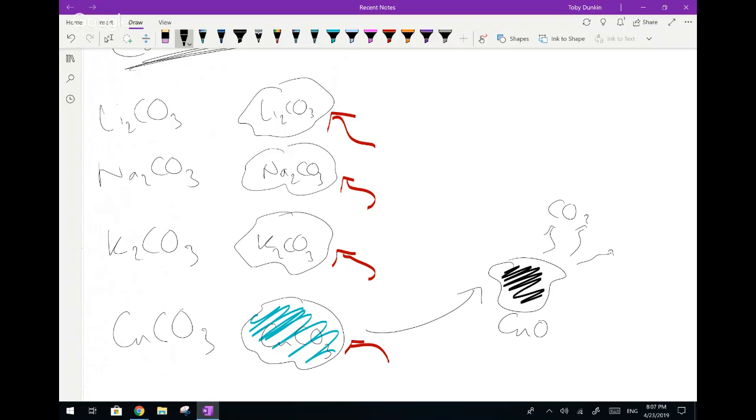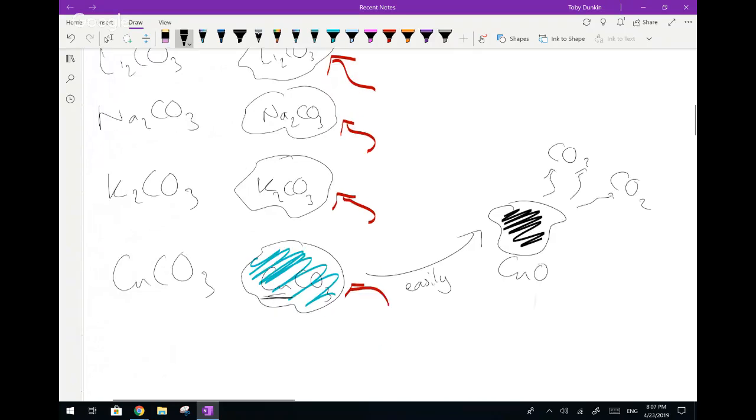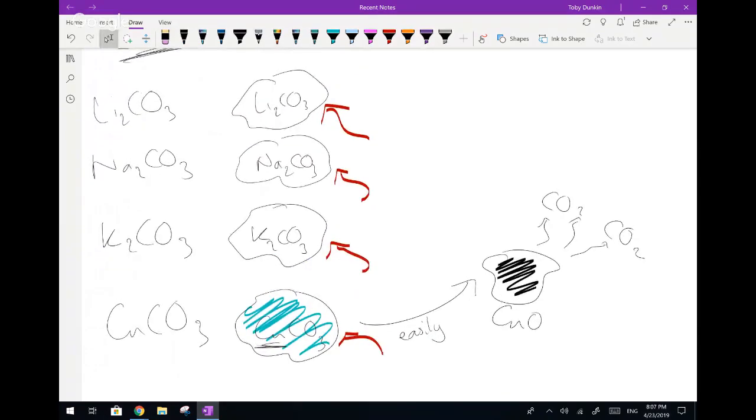So it breaks apart. Copper carbonate does this really easily, and the reason why is because copper is not very reactive. Copper is a low reactive metal, so it breaks down very easily.